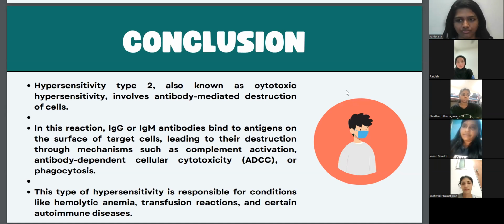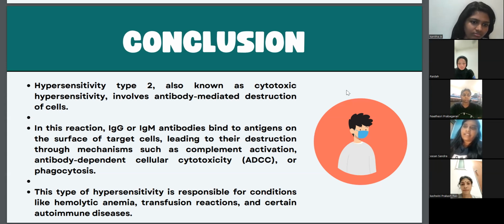Hi, madam. I would like to present our conclusion today. Hypersensitivity type 2, also known as cytotoxic hypersensitivity, involves antibody-mediated destruction of cells. In this reaction, IgG or IgM antibodies bind to antigens on the surface of target cells, leading to their destruction through mechanisms such as complement activation, antibody-dependent cellular cytotoxicity, or phagocytosis.